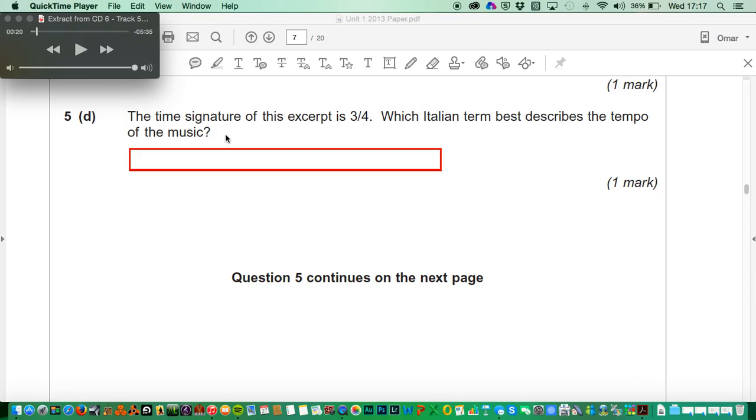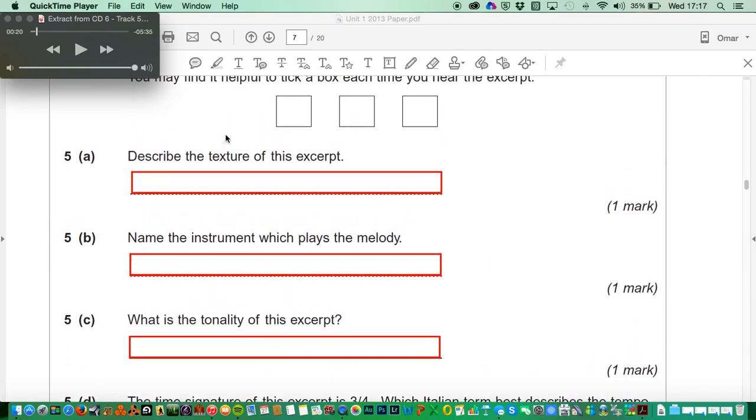Then you've got moderato, which is a little bit quicker than andante, around about 80 beats per minute. Then you have allegro, which means fast. Then you have presto, which means very fast, and then prestissimo, which means the tempo is as fast as possible. Let's have a listen to the excerpt.